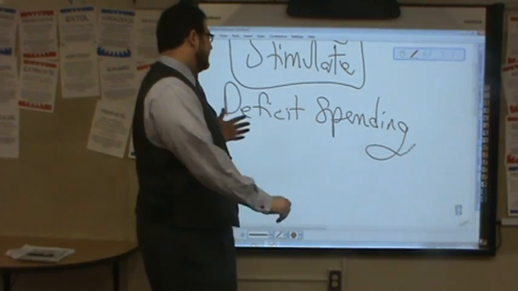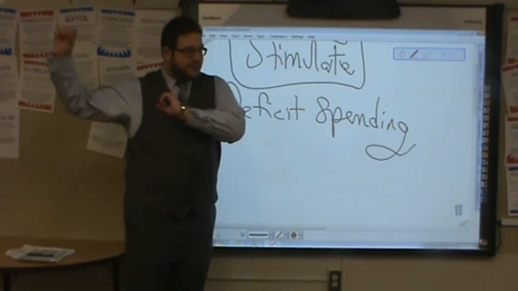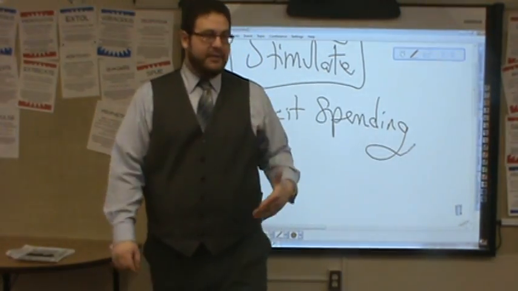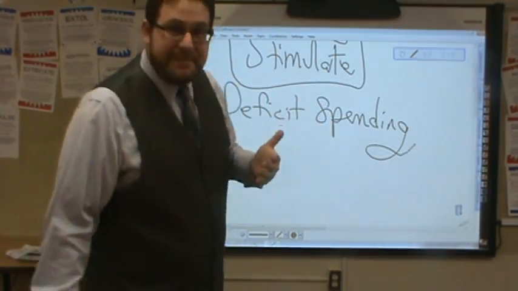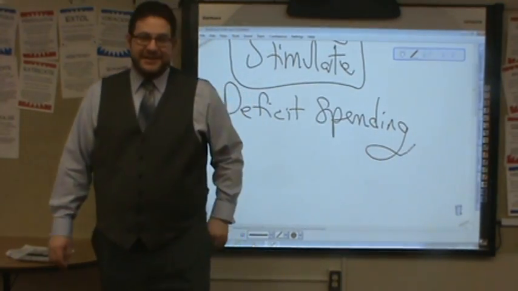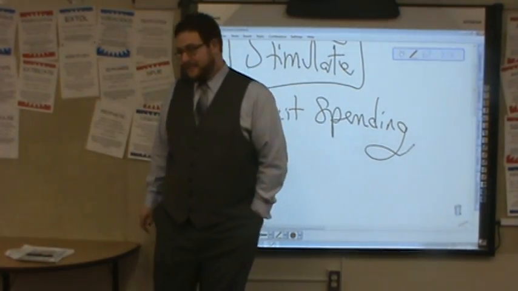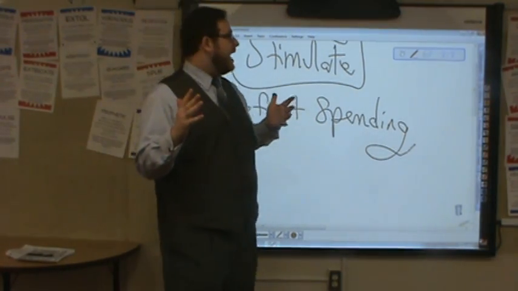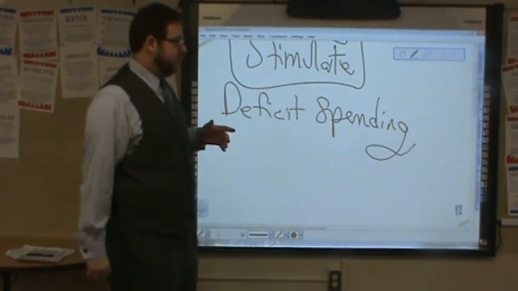What Keynes says is government must start throwing piles of money at people in order for them to spend piles of money to re-stimulate the economy. So this is our other basic theory of what happened with the Roosevelt Recession and the New Deal in general.